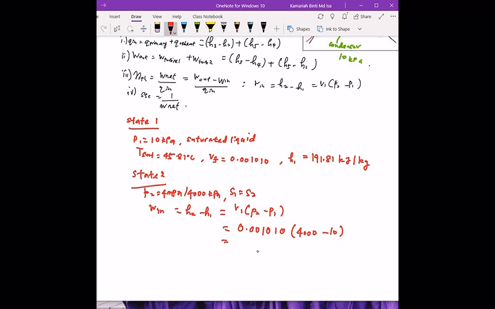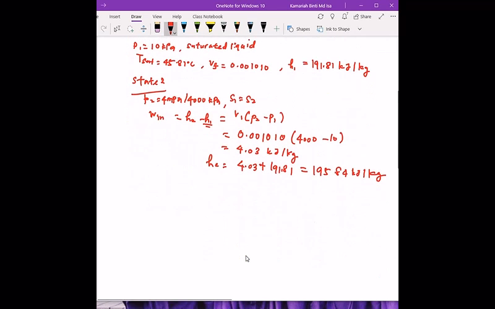So we will get the value of 4.03 kilojoule per kg. We already have this H1, so our H2 value will become 4.03 plus 191.81, equal to 195.84 kilojoule per kg.